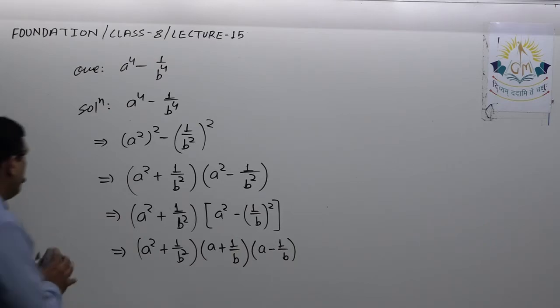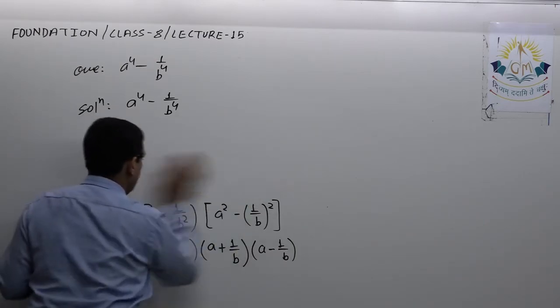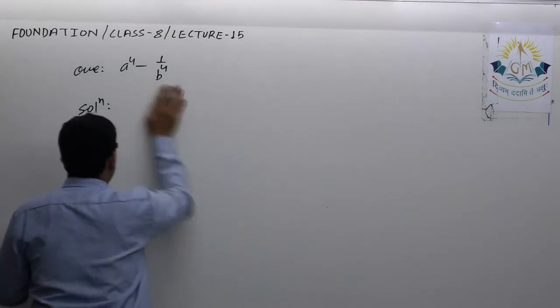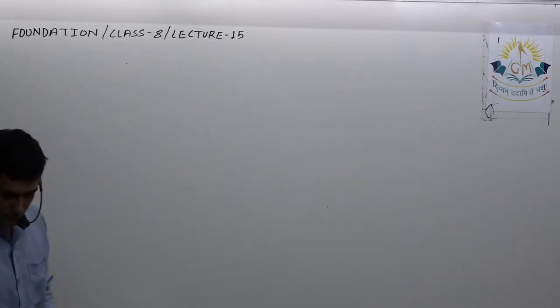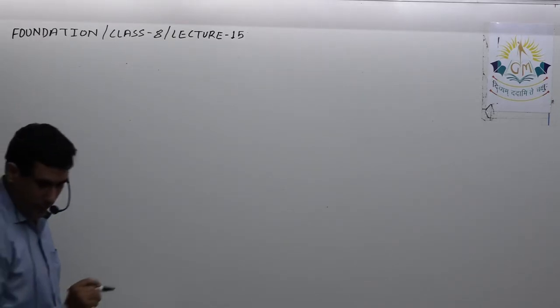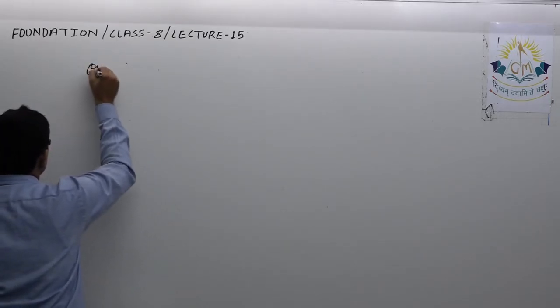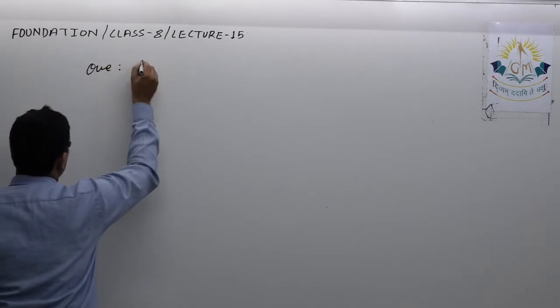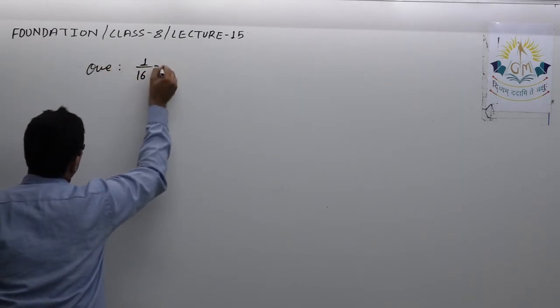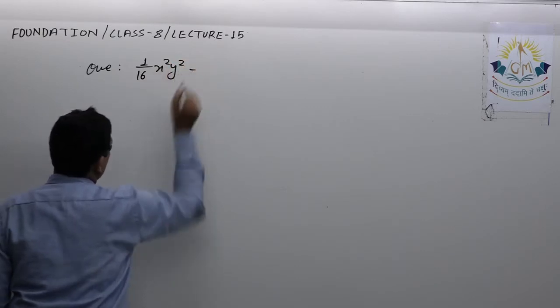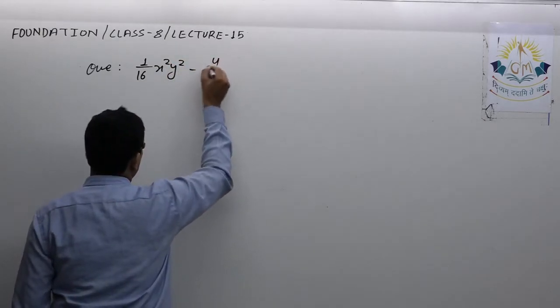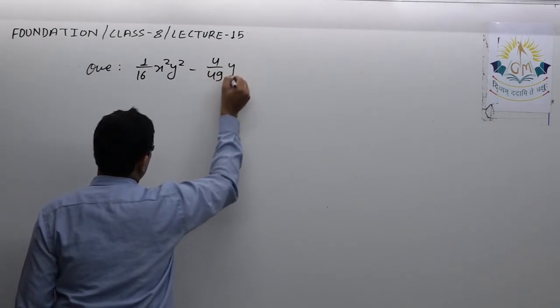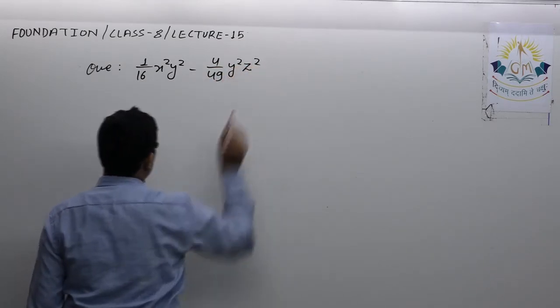Okay, now let us see the next question. Next question is 1 upon 16 x square y square minus 4 upon 49 y square z square.